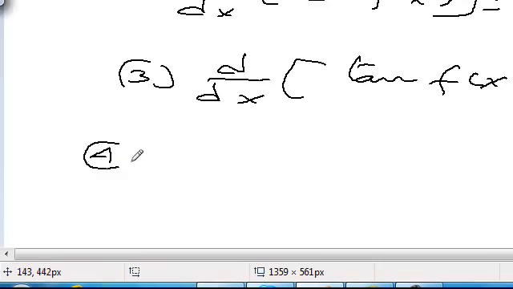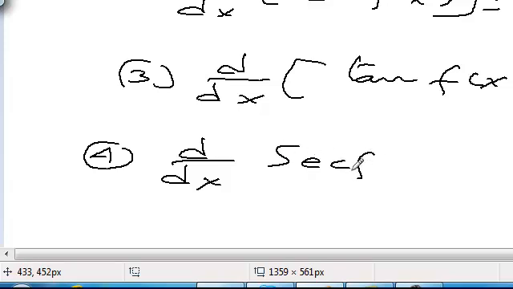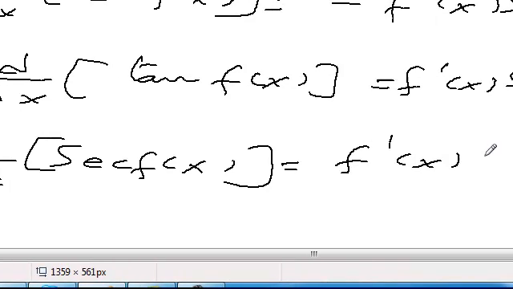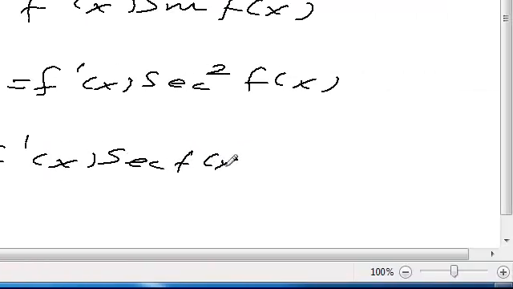Number 4, d by dx sec f of x equals f dash of x sec f of x tan f of x.